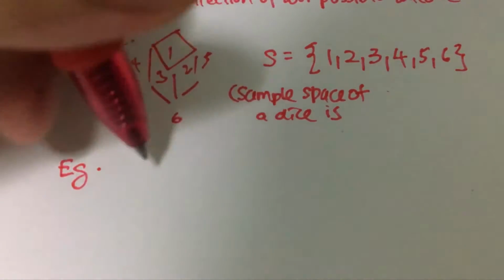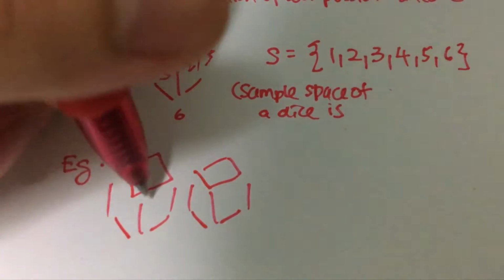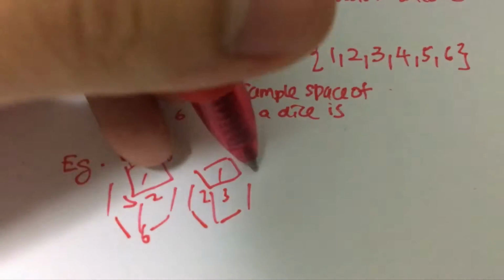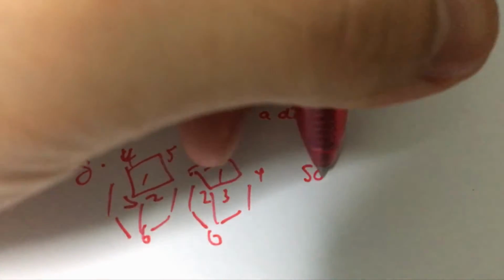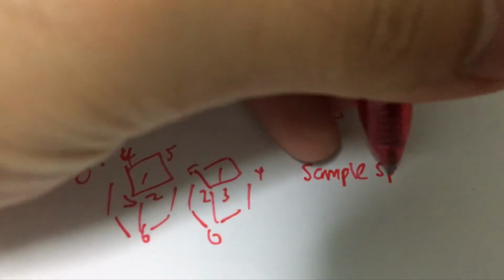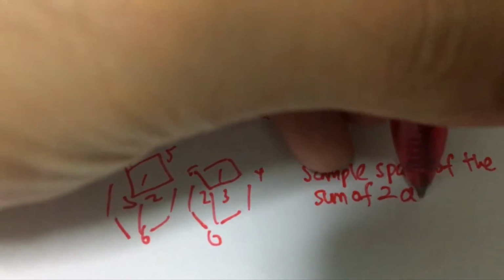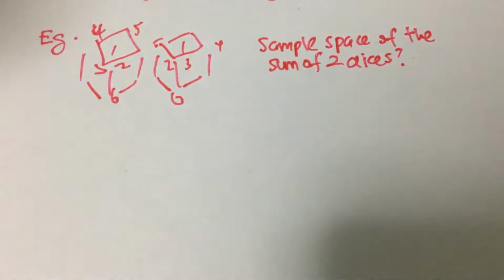So what happens if you have 2 dice, and each die is labeled 1, 2, 3, 4, 5, 6, and so on and so forth? What is the sample space of the sum of 2 dice?